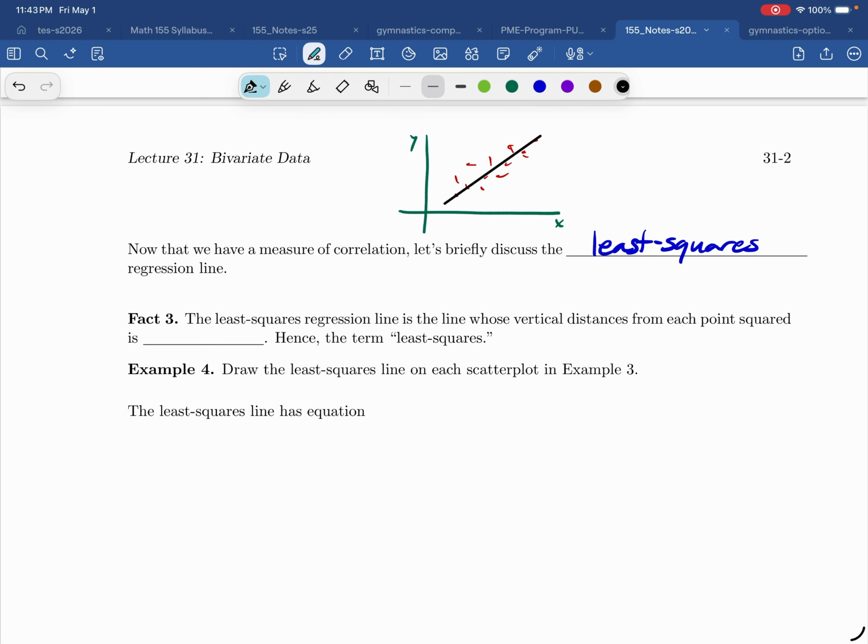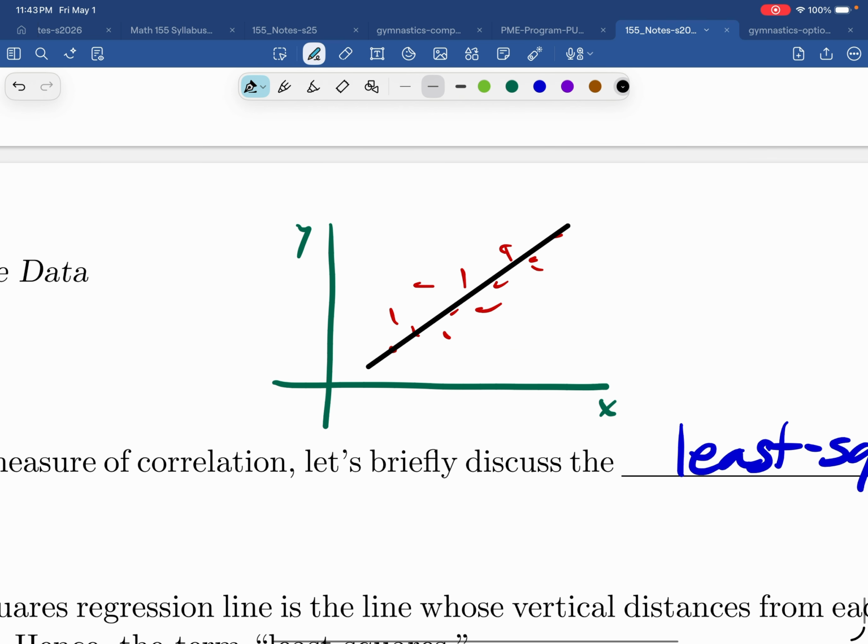But what is the determining factor about how we create this line? You might think, well, it's the line that's closest to all the points. Well, you're kind of right. Technically speaking, you might think, oh, well, maybe it's vertically closest to the points. And that's getting closer.